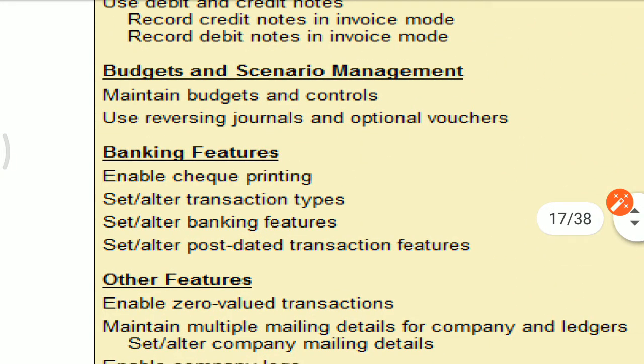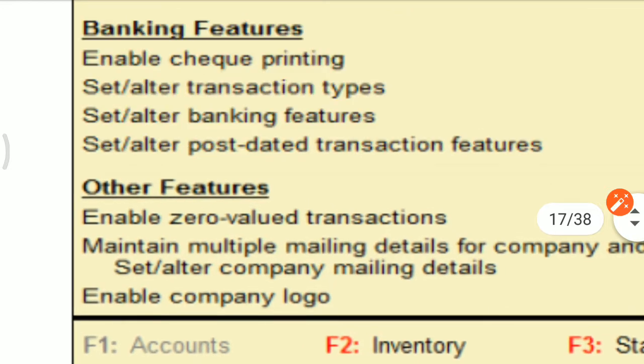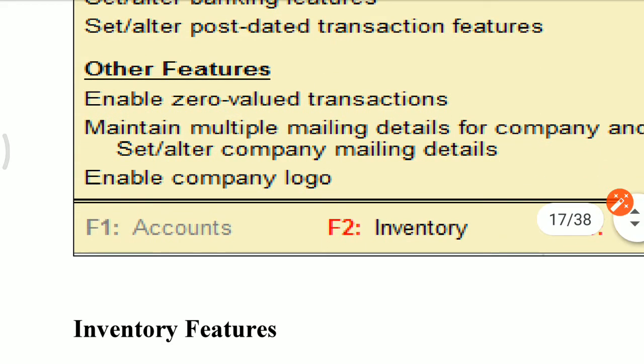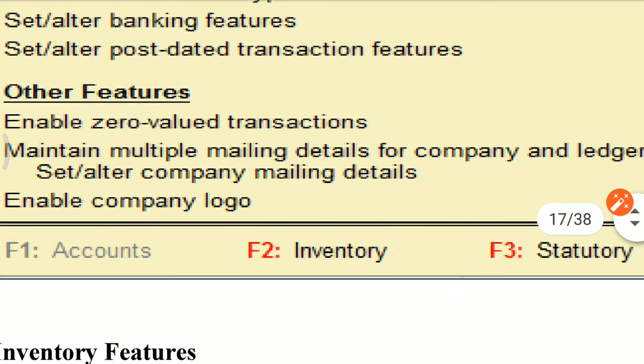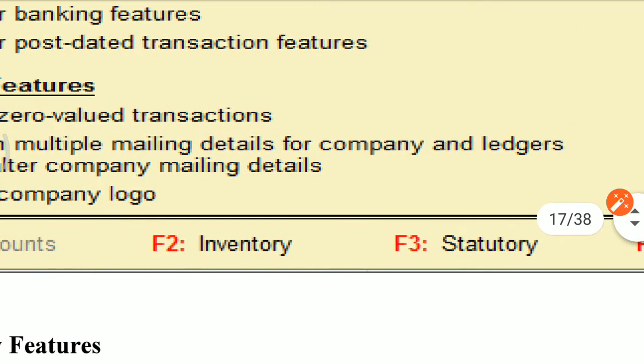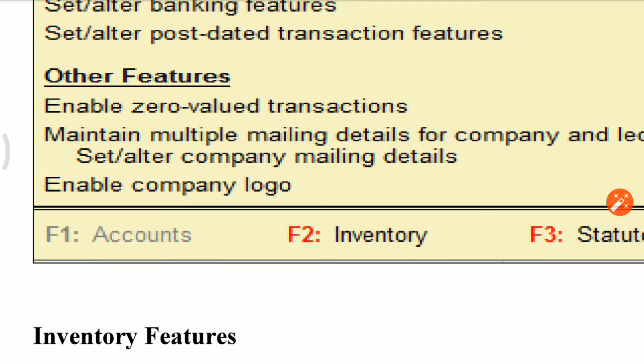Budgets and scenario are not so important, but budget is important. The next one is banking features, that is cheque printing. This option is always good because you can print your cheque from the Tally software also. The next one is other features. Whether you want to enable zero value transaction, generally no. Maintain multiple mailing details, yes.